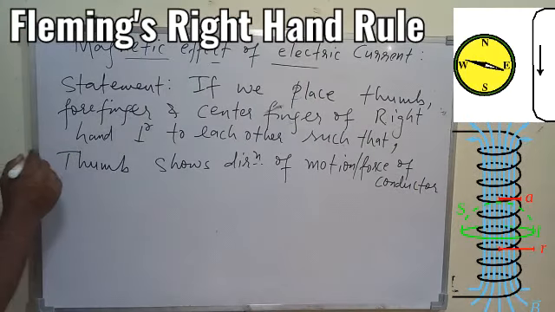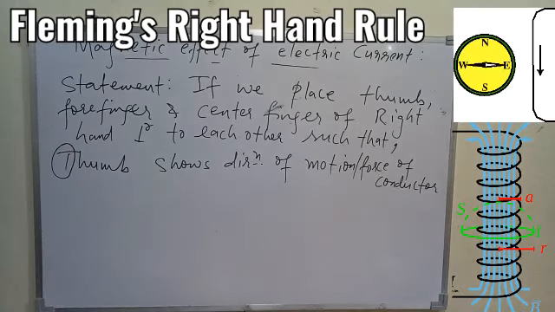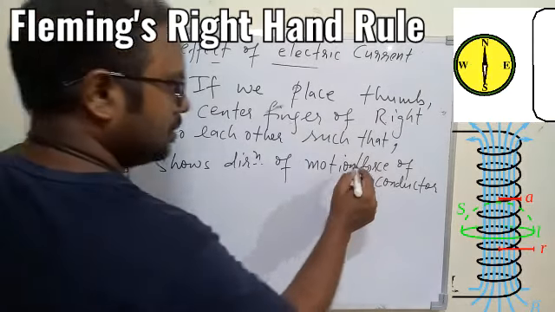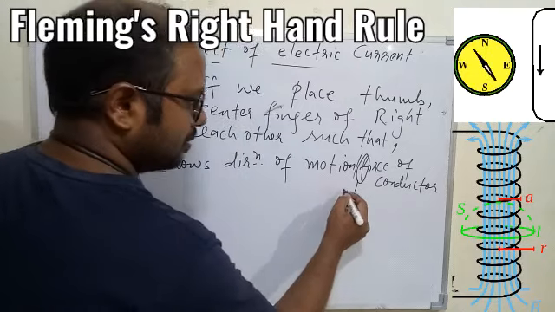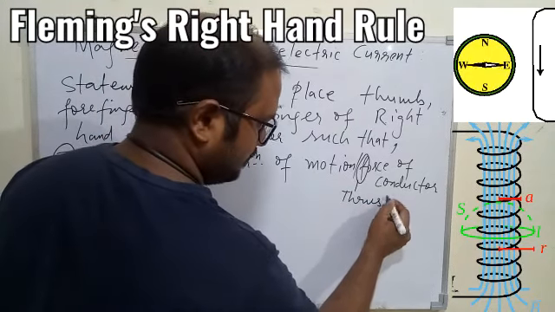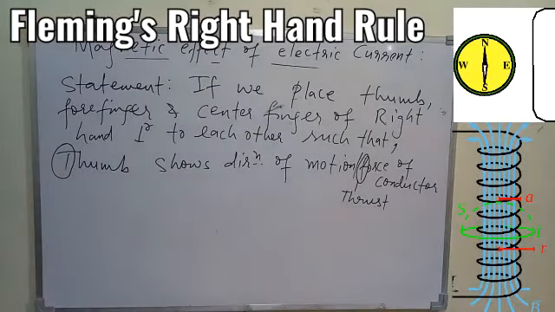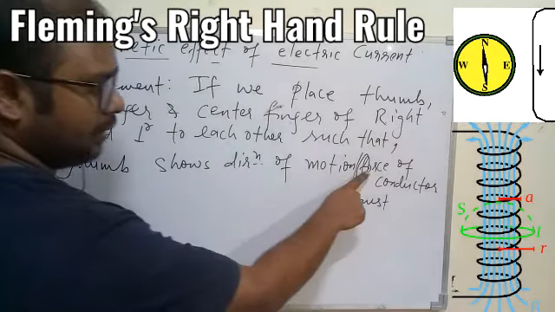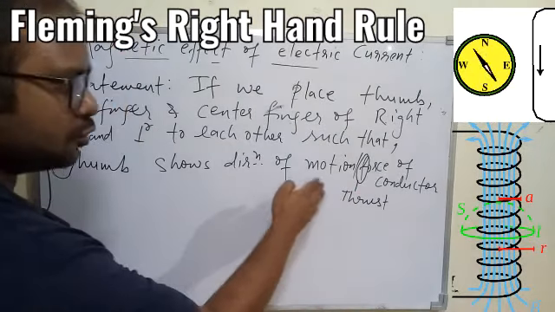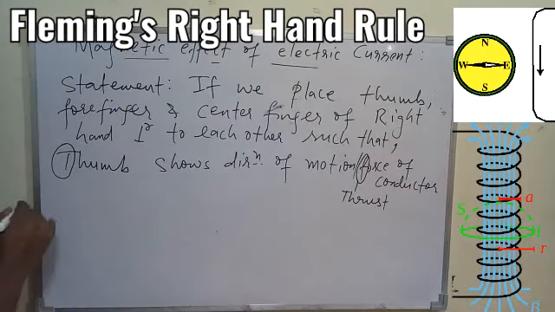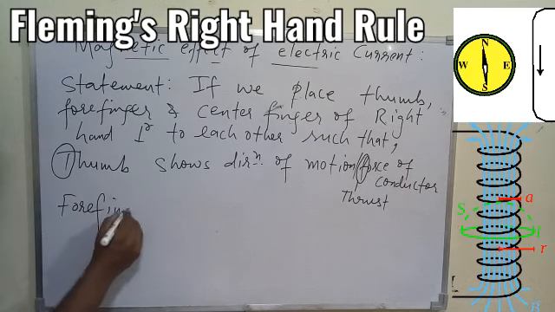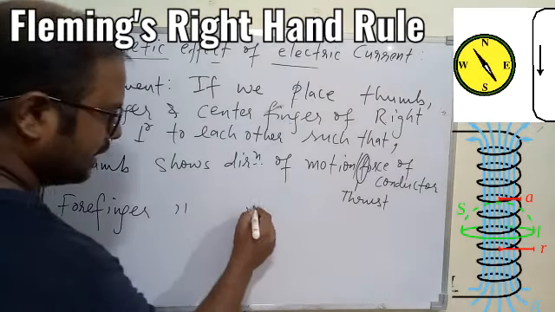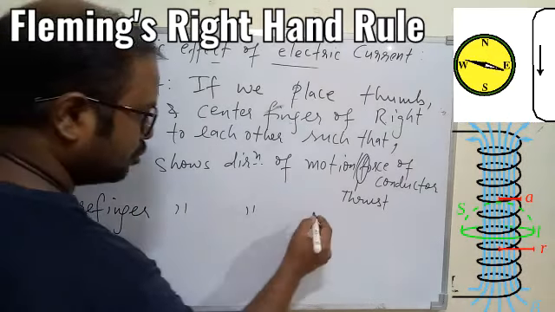I am not writing again and again. So again, T for thumb and F for force, if you remember, is nothing but the thrust, that is also the direction of motion. Then we have forefinger, shows the direction of what? That is magnetic field.